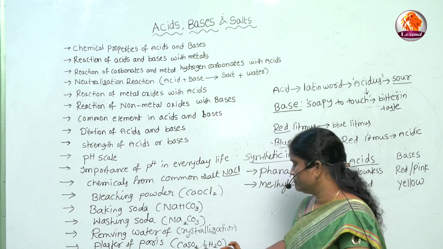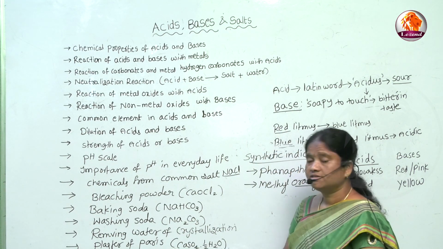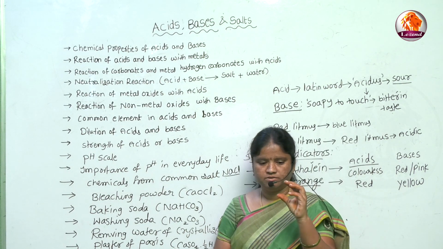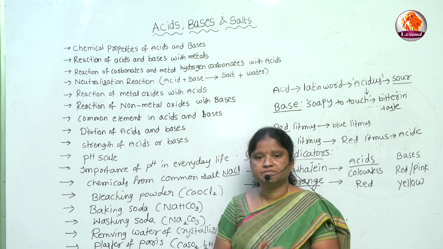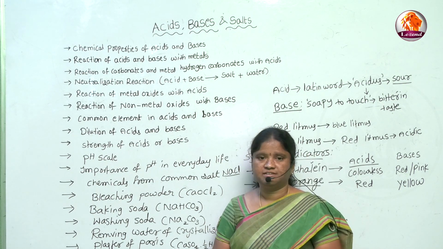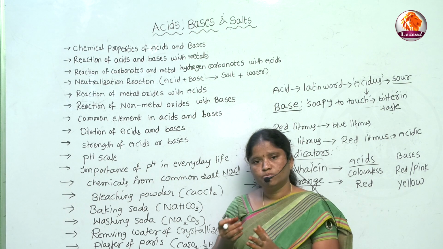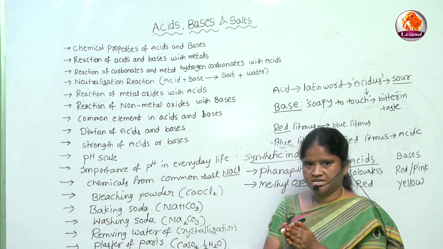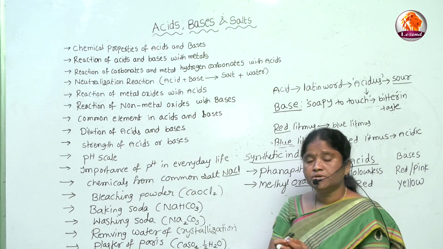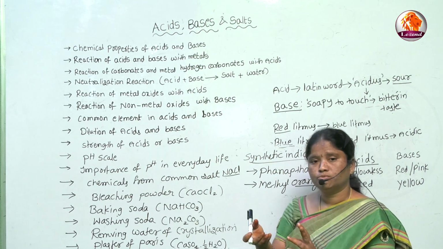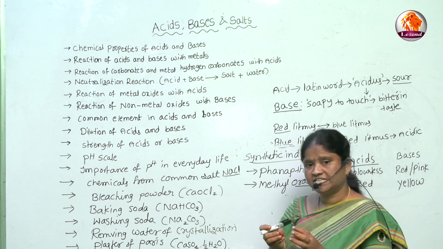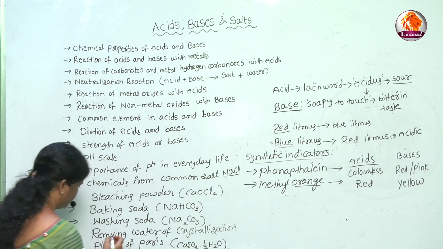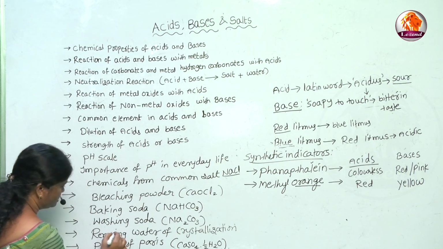And removing water of crystallization. Some salts contain water molecules in the form of crystals, and they have some color. If the water evaporates from the salt, it changes color. The process of removing the water molecules from the crystals we call removing water of crystallization.